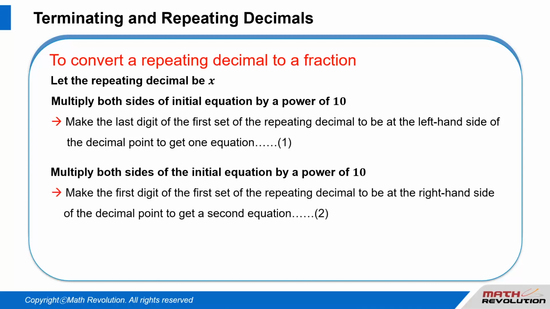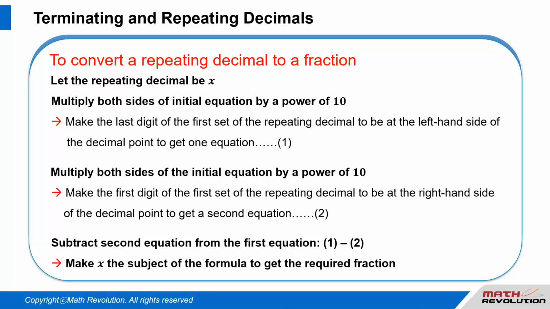We also multiply both sides of the initial equation by a power of 10 that will make the first digit of the first set of the repeating decimal to be at the right-hand side of the decimal point to get a second equation. We then subtract the second equation from the first equation. Then, make x the subject of the formula to get the required fraction.